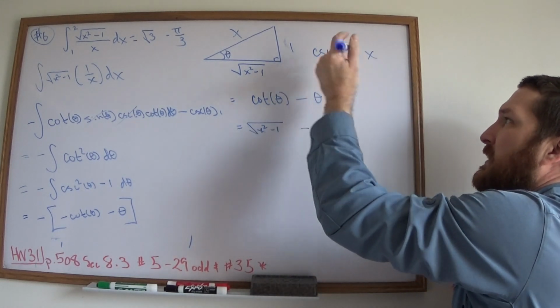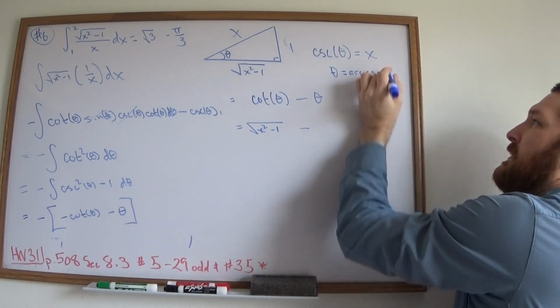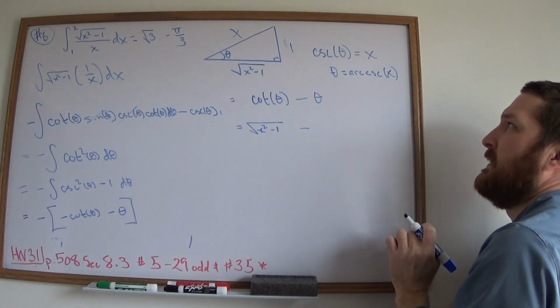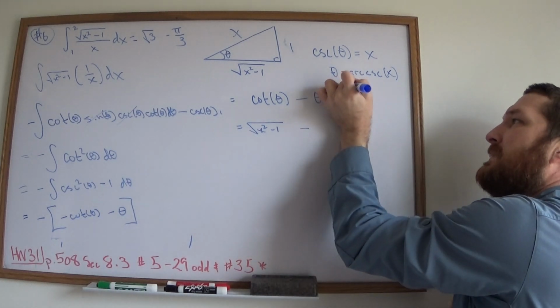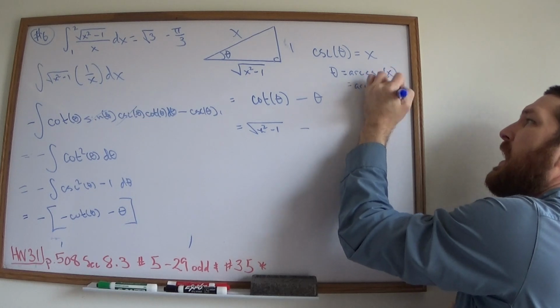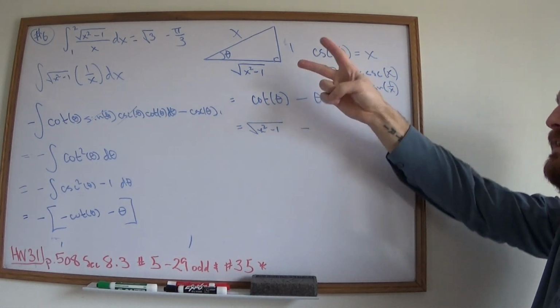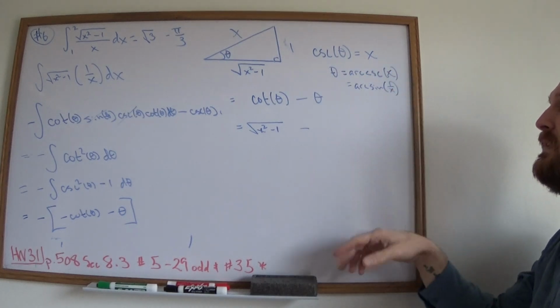Cosecant theta is x, so theta equals arc cosecant x, which is the same thing as arc sine 1 over x, right? By the same reasoning that I used before. Arc cosecant is the same.